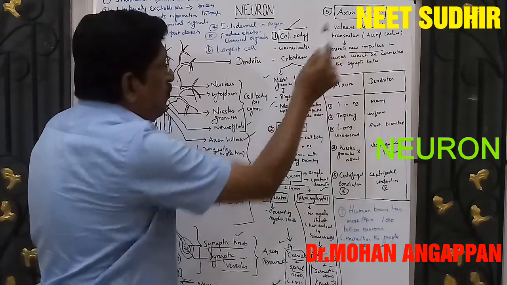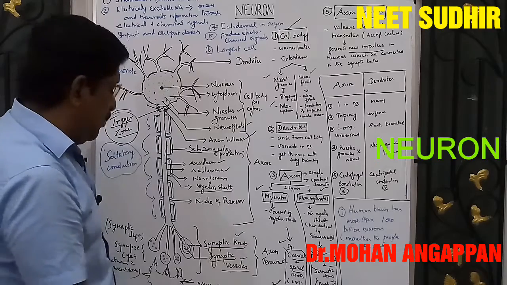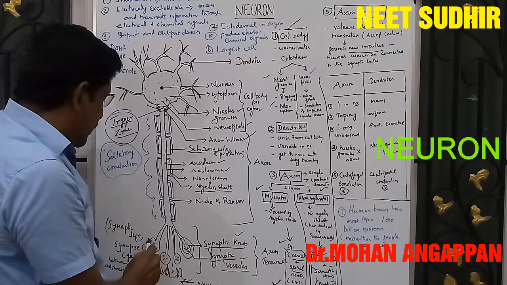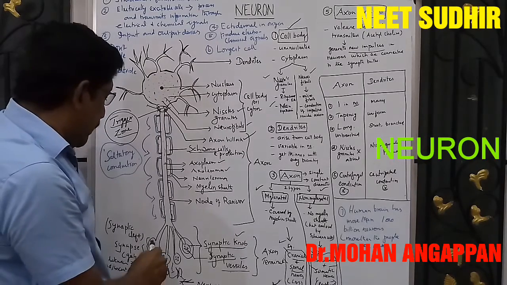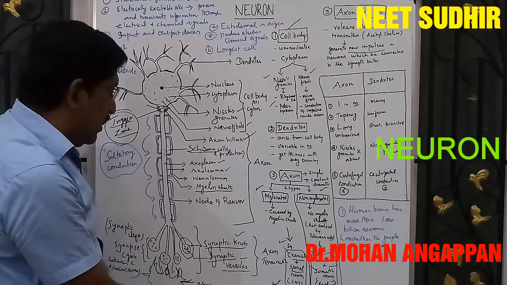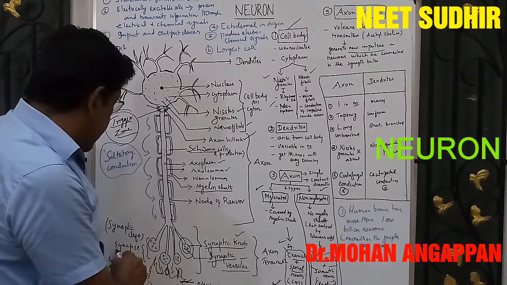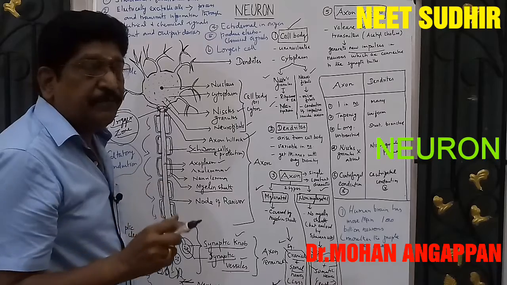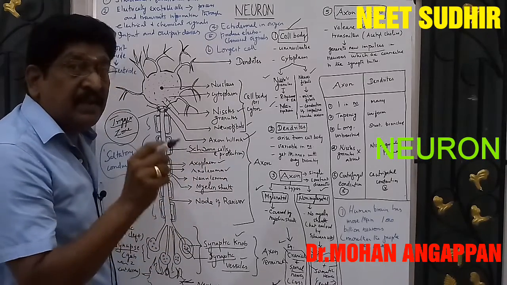So they generate new impulses in the neurons connected to the synaptic bulbs. You get a space in between this synaptic knob and the next neuron. That space is called the synapse, or synaptic cleft.